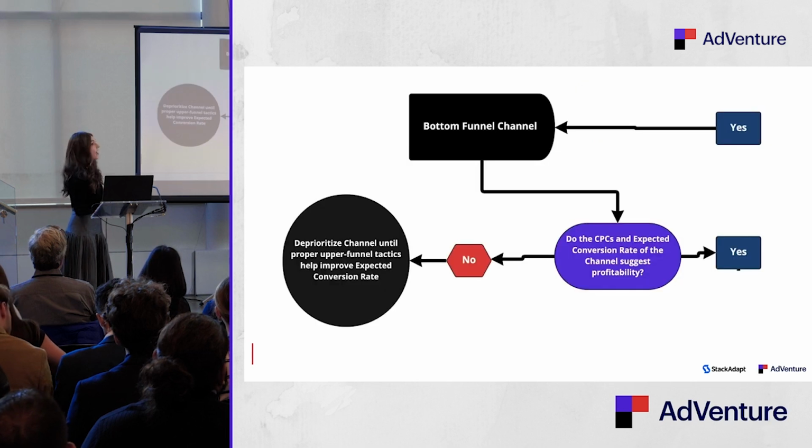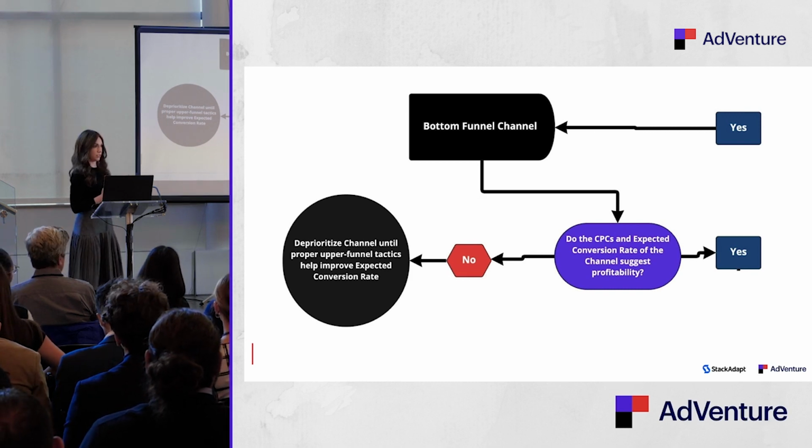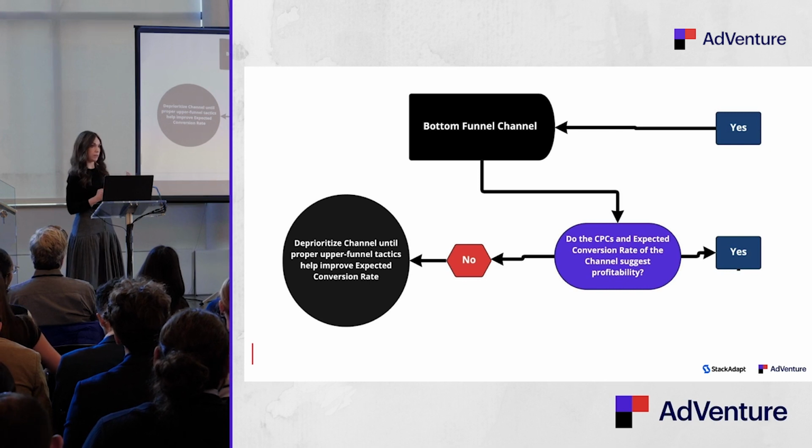So now that we have our bottom funnel channels and we know what they are, there's still differences between different channels. And when we say channels, it could be like an actual channel, it could be different campaigns. It's really just any segmentation of a marketing tactic. So now we're going to be more focused on profitability. Within profitability, there's 2 main metrics.